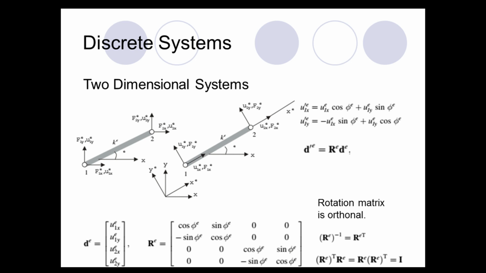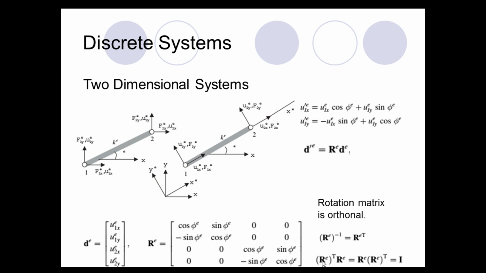Now one property of the rotation matrix is it's orthogonal. So multiplication of one row with the other one will give you 0 automatically, or multiplication of one column with the other one will give you 0. Therefore the inverse of this rotation matrix is equal to the transpose of it.